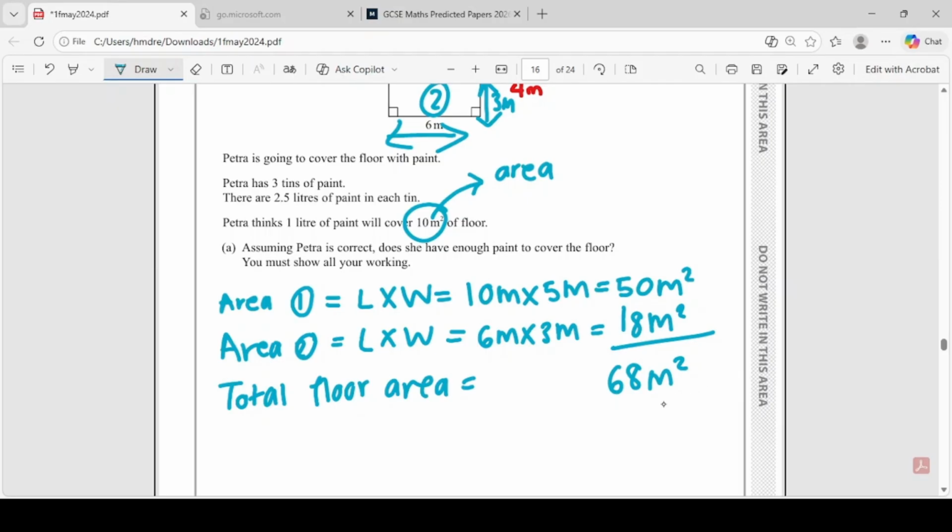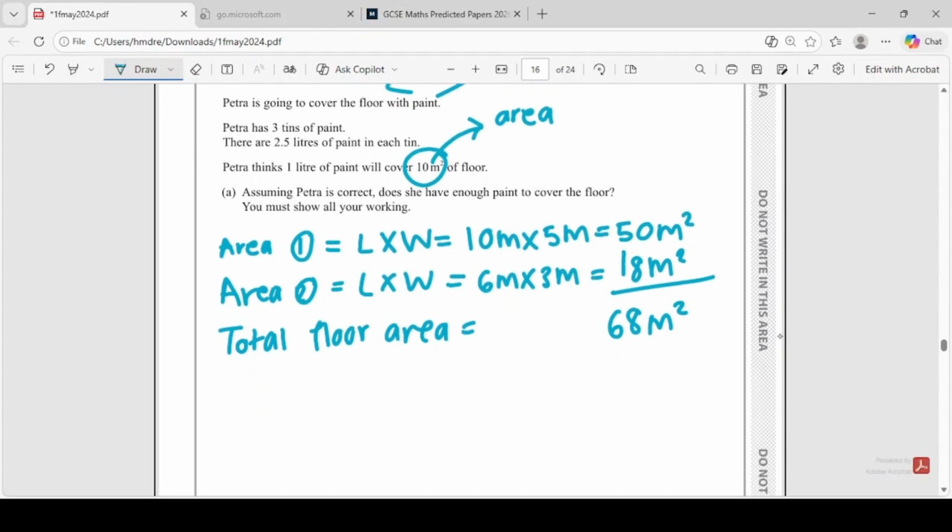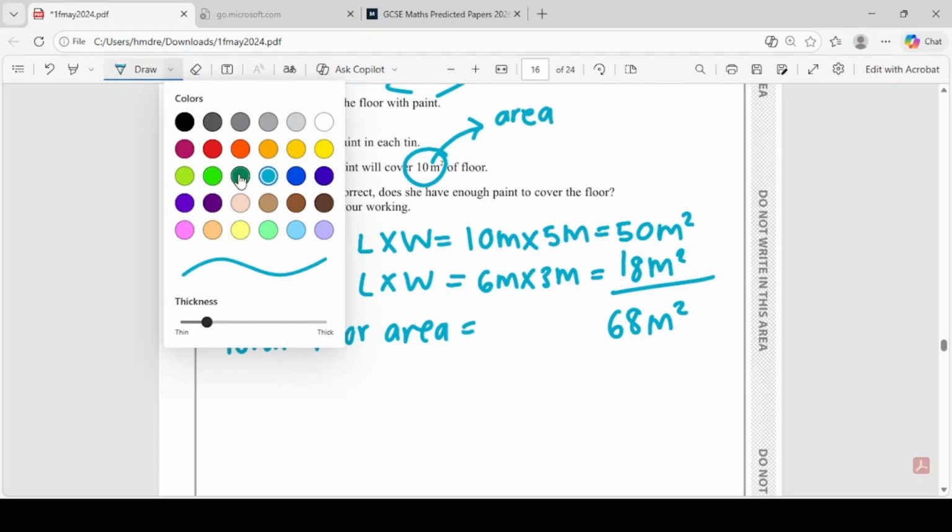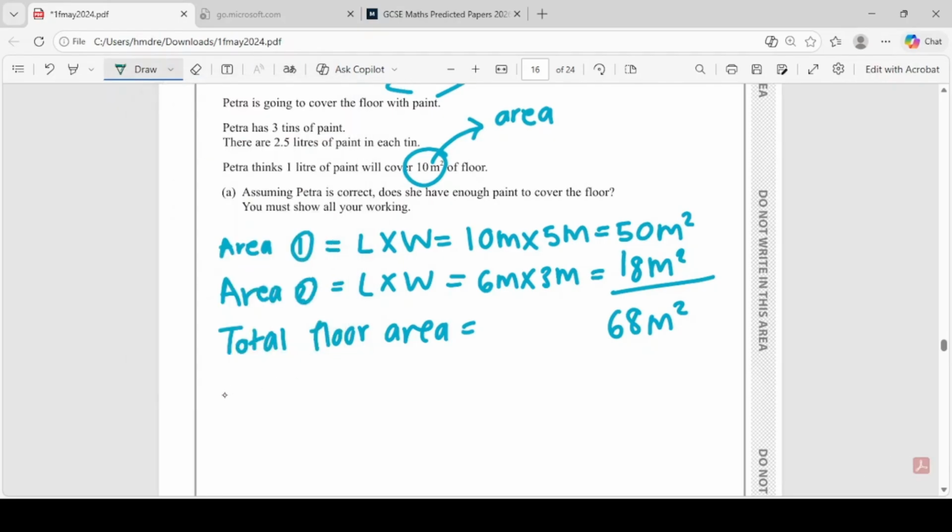Then let's work out how much paint she's got. These ones really are long. You just got to go through it step by step, work out as much as you can.